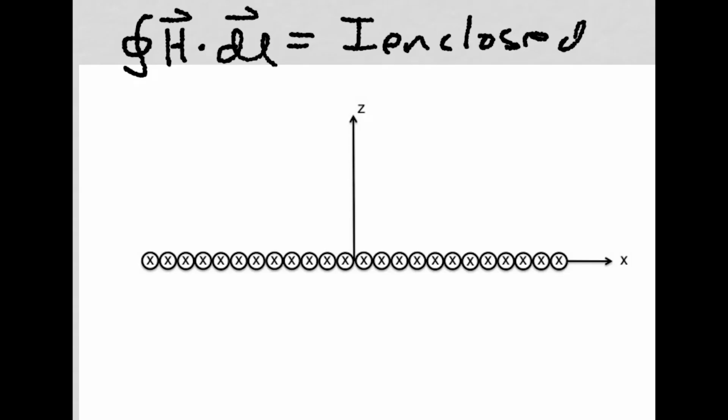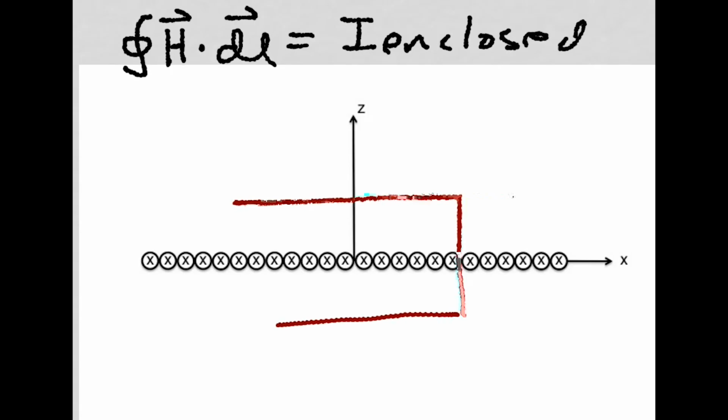So let's take a path like this, where the top and bottom segments are parallel to our sheet of current, and the two sides are perpendicular. Let this point be minus L, and this point be plus L.